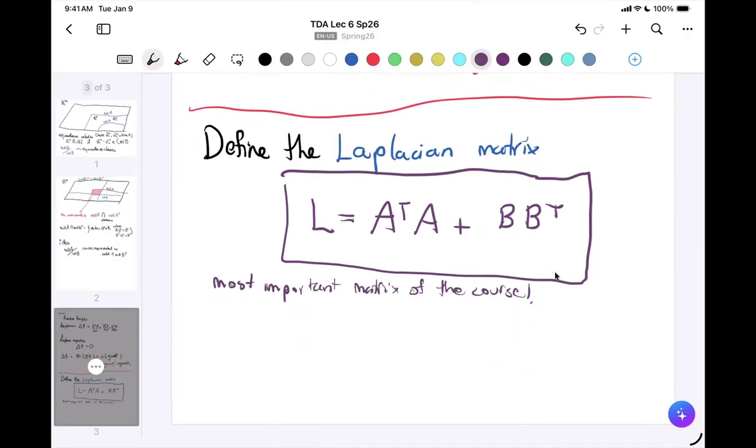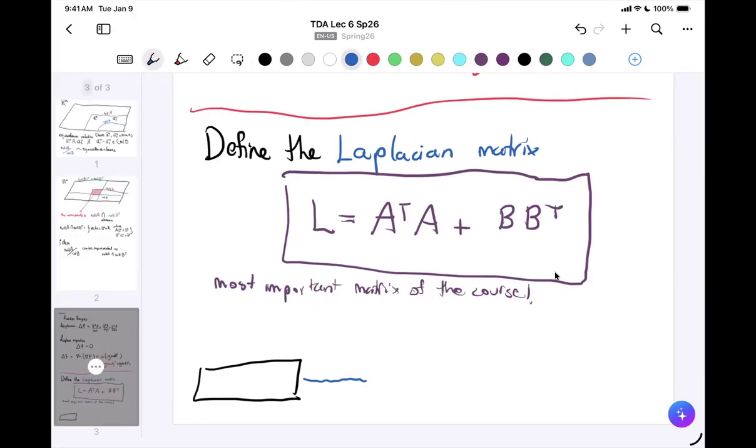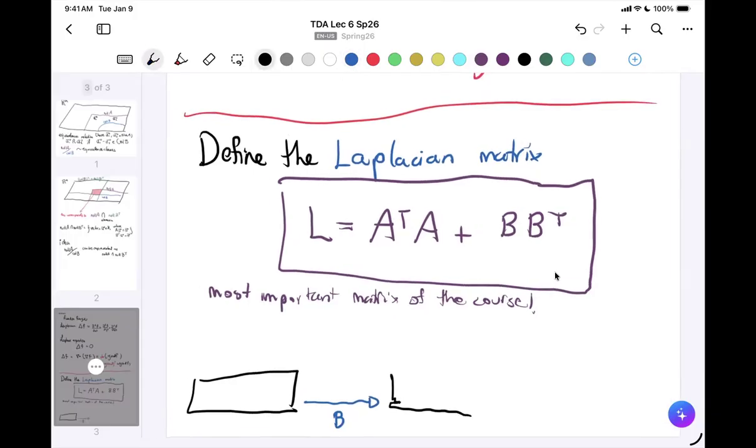So just to make sure that the definition makes sense, let me go back to the diagram that I had. I had the matrix B, and I had the matrix A going this way.